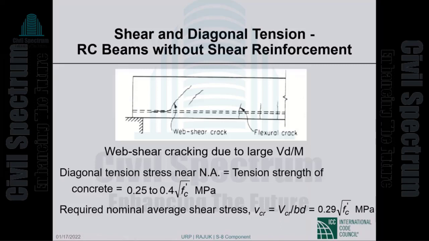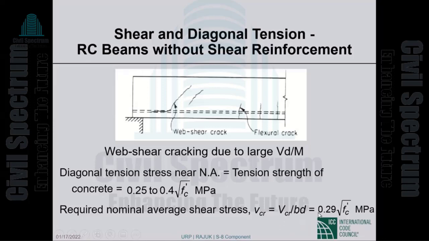The stress at web shear cracking is lowercase v sub CR. That is uppercase V sub CR, the shear force that causes web shear cracking, divided by b d. b is the width of the beam, d is the effective depth.